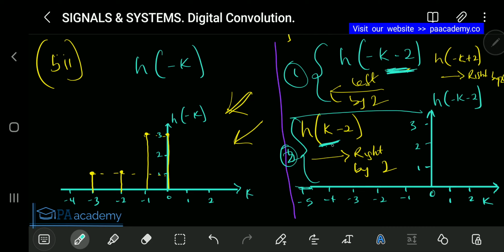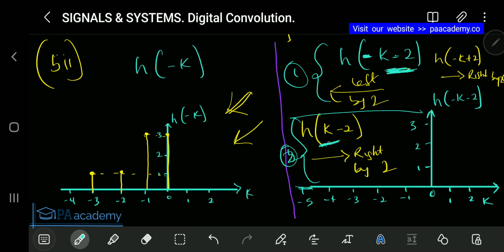So, again for the last time, if you are shifting a reversed signal, you are going to see a negative sign before the alphabet. It could be K, it could be H, it could be N, it could be anything.